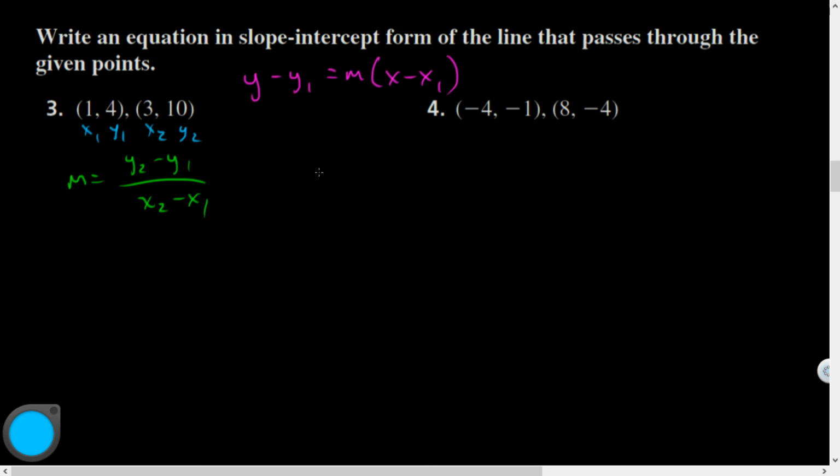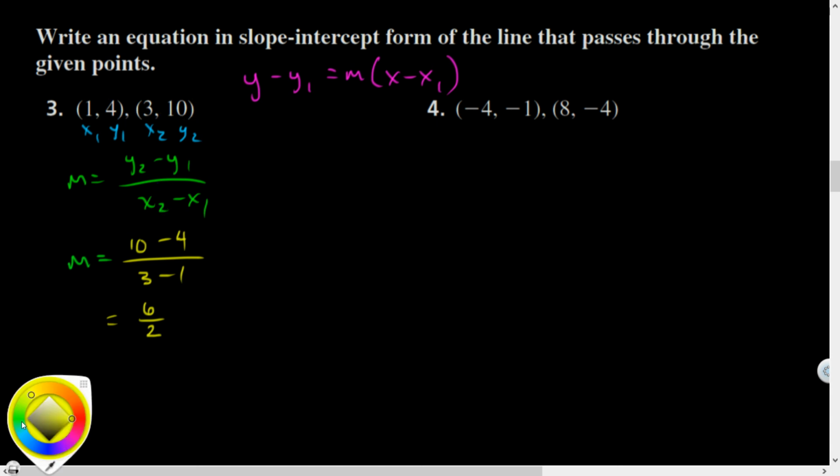All right, so guys, when you find the slope, I saw some of you do this: m equals 10 minus 4 over 3 minus 1. So that's 6 over 2. y2 minus y1, right?